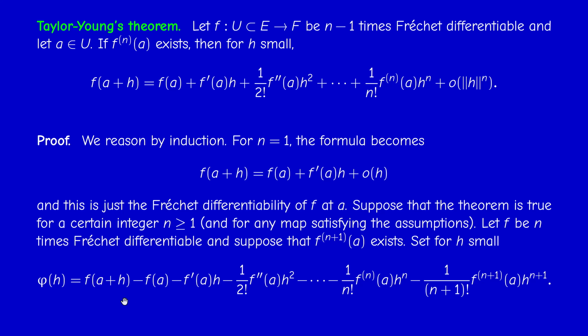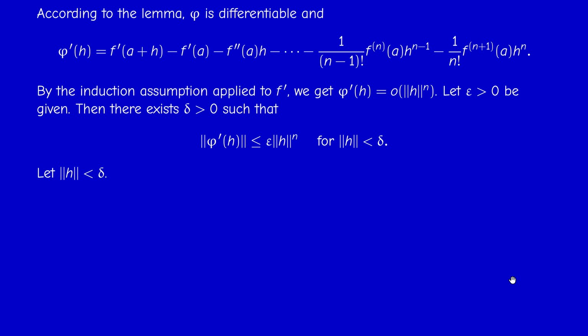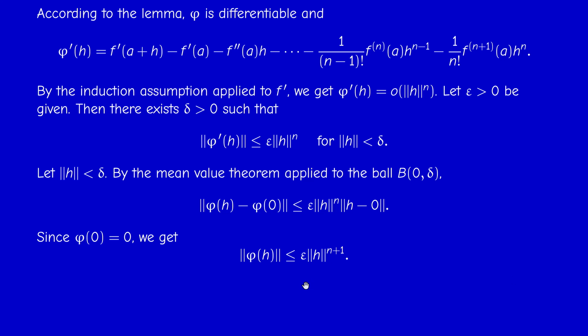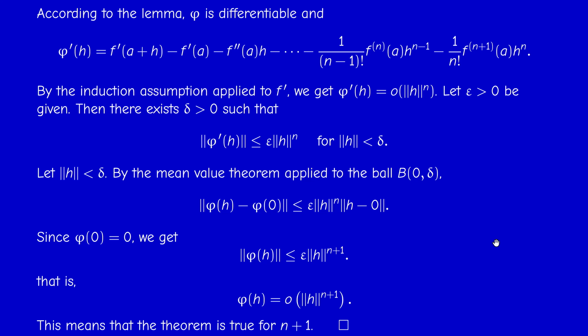Phi of 0 is actually just 0, because it's f of a minus f of a, and all these terms are 0. So I get ultimately that the norm of phi of h is less than epsilon times the norm of h to the power n plus 1. And that's it. So this proves the theorem for n plus 1. Okay, so this is easy.